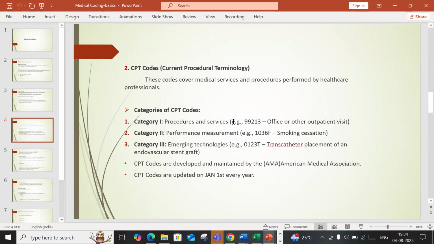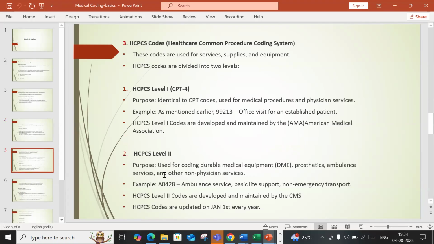So that was the code range 00100 to 99499. For Category 1 codes, the structure is 5-digit numericals. Category 2 is 5-digit numericals, but the last character ends with the letter F, and Category 3 ends with the letter T. And coming to HCPCS Level 2 code, this is also alphanumerical, 5 digits.